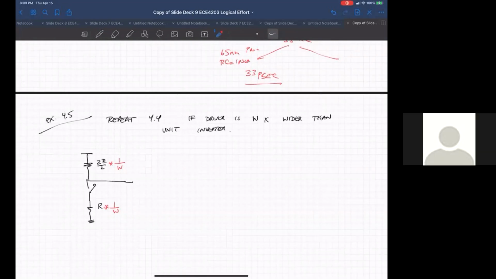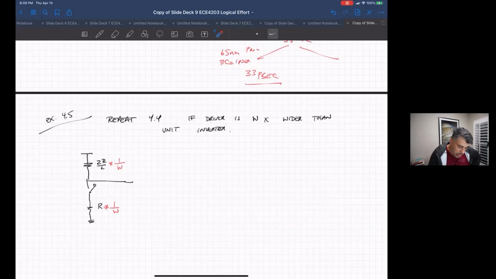Don't we multiply it by the width, because capacitance increases linearly? Exactly. So we had 3C, and we multiplied it by W to get 3WC. That's what a wider inverter, by a width of W, looks like.